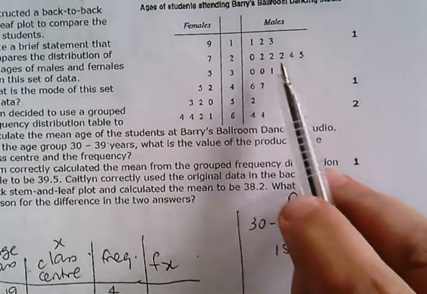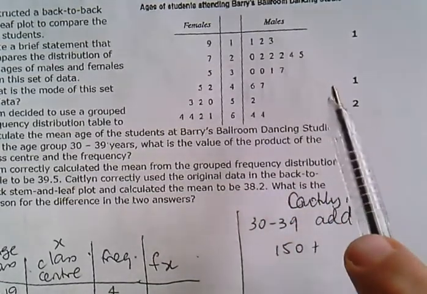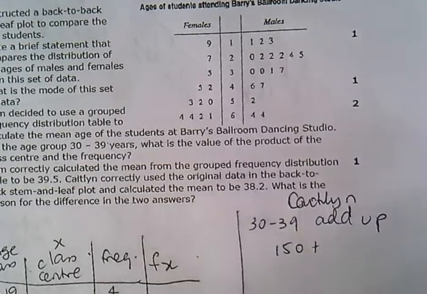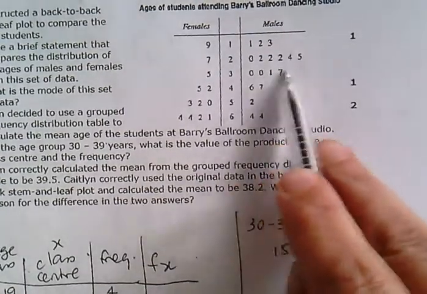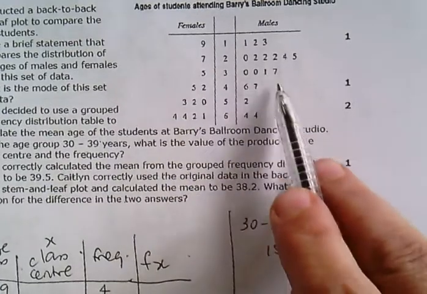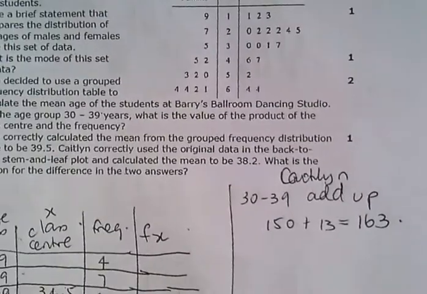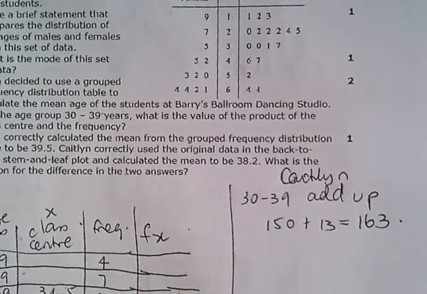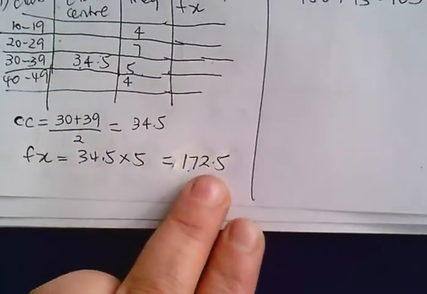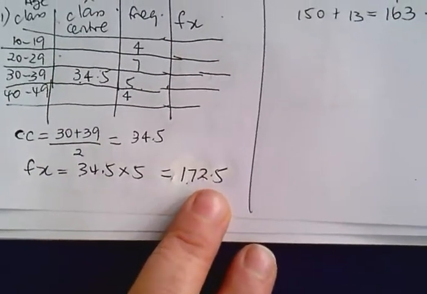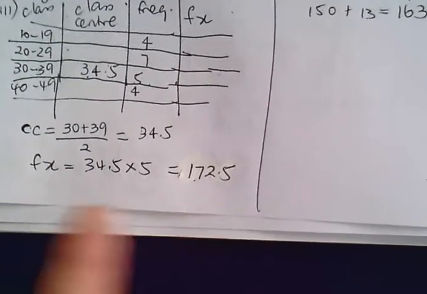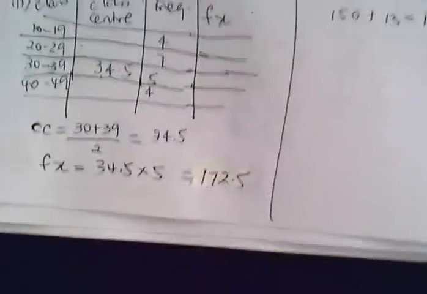Instead of adding 31 and 37 and 35 and 30 and 30, I'm going to say 5 lots of 30 are 150, plus the leaves. They actually add up to 163. The actual 30 to 39-year-olds add up to 163, but the FX tells me they add up to 172.5. The FX is an estimate.